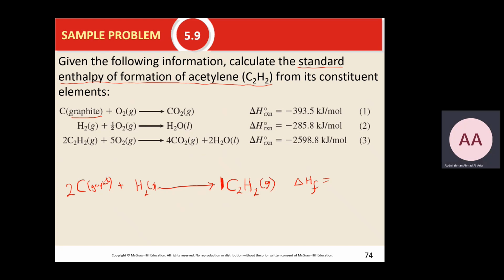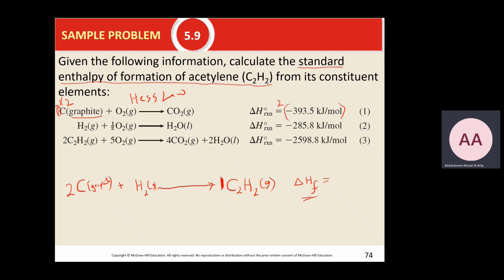using these 3 equations. Here, what should we do with the first reaction? I will now use Hess's law to calculate the heat of formation of C2H2. How? By Hess's law, the first equation I multiply by 2 and do the same thing for the heat. How about the second equation?